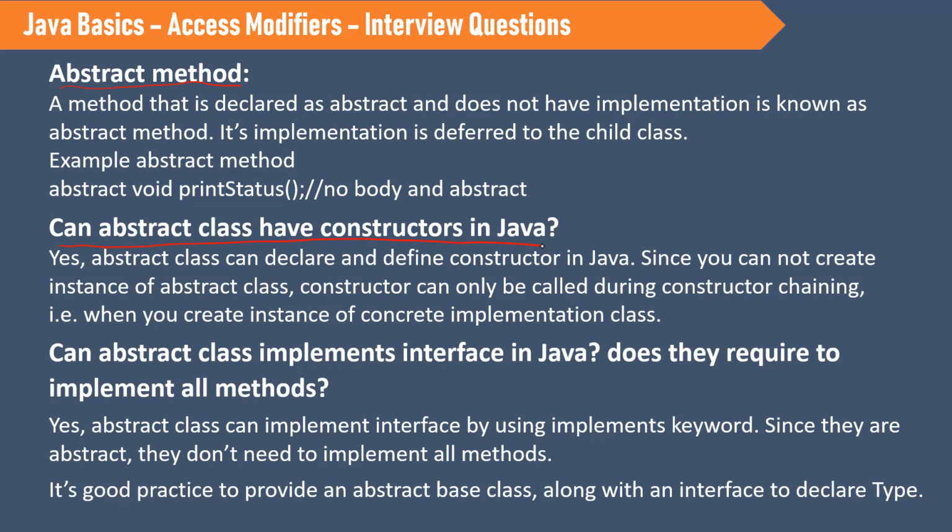Can abstract class have constructors in Java? So let's see this one. Let's say I have an abstract class here, abstract class Action. So in this class, can I declare a constructor?